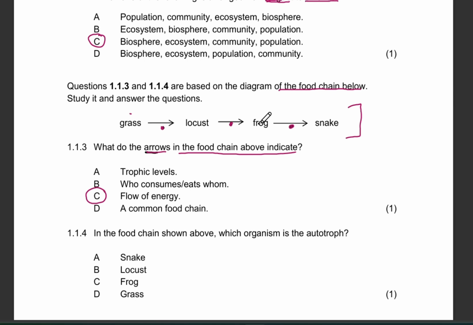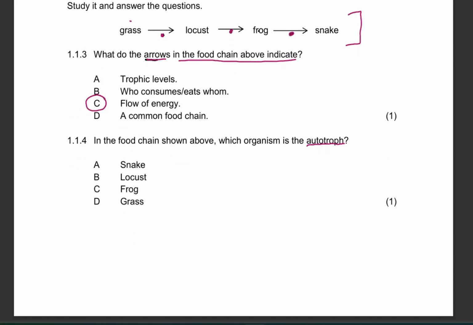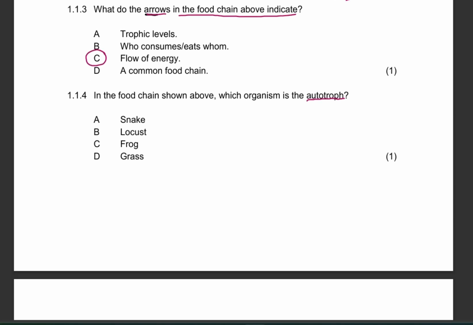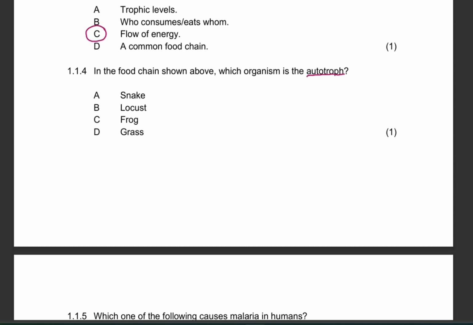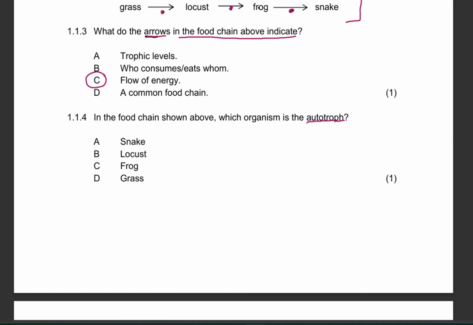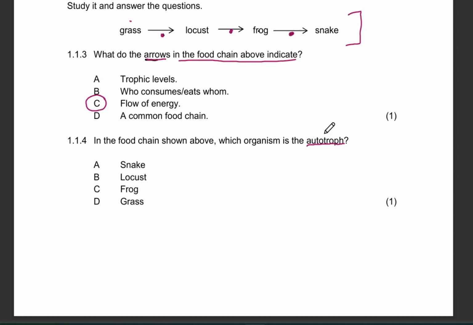Okay, then 114, in the food chain shown above, which organism is the autotroph? Right, we need to remind ourselves of what the word autotroph means. When we say an organism is an autotroph, guys, we're basically talking about an organism that is a producer. So this is normally green plants that are able to photosynthesize.